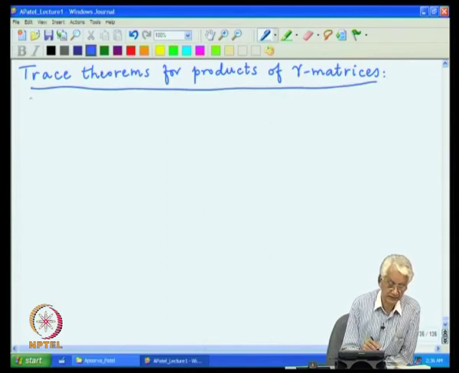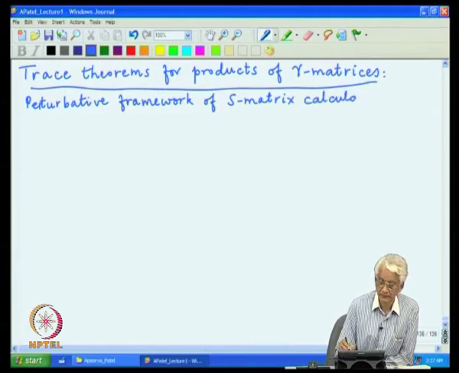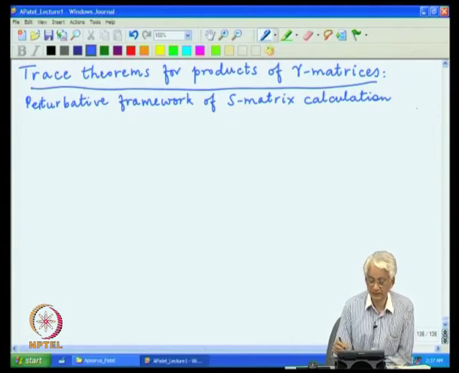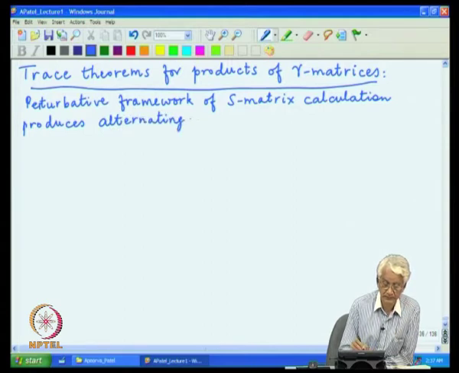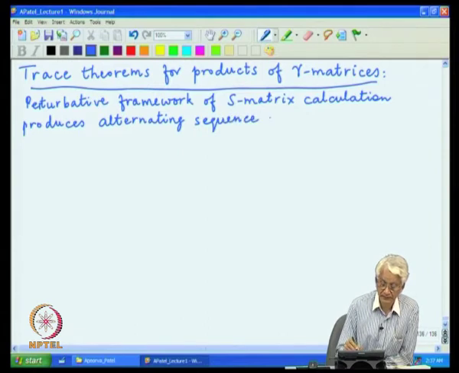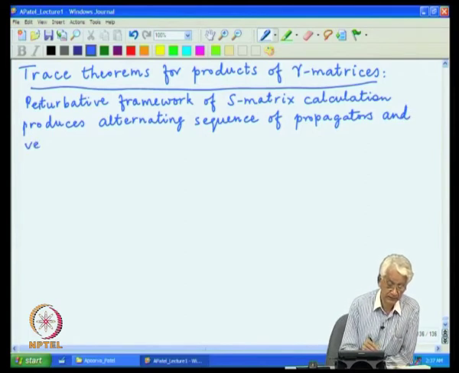The S matrix framework in the perturbative calculation produces an alternating sequence of propagators and vertices.